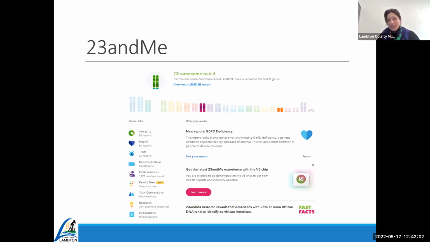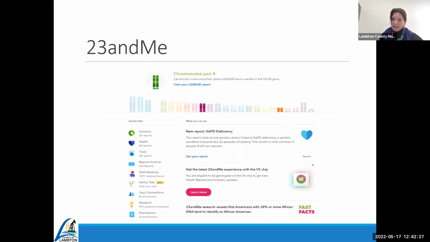However, it is not connected with Ancestry and not really great for family tree building. However, as you can see under quick links on the side, there is an Ancestry section, which does offer educational tutorials, ancestry composition, DNA relatives, comparing with your relatives, as well as Legacy Tree Genealogists.